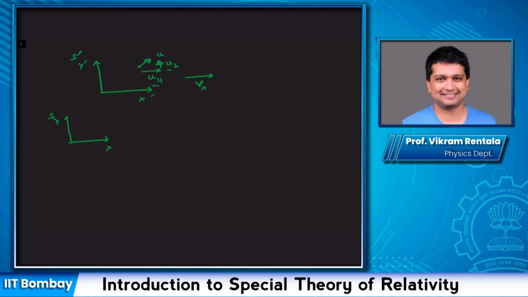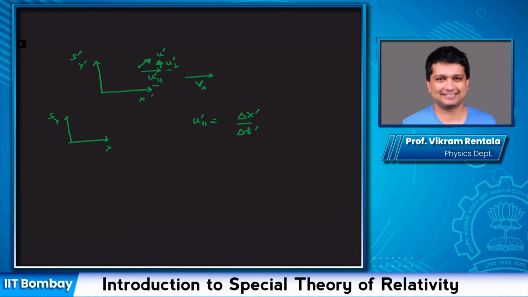So u parallel, or let me write this as u prime rather, u prime parallel, will just be equal to the distance traveled by this particle or this ball as measured in the frame S prime divided by the time it takes as measured in the frame S prime to travel that distance.